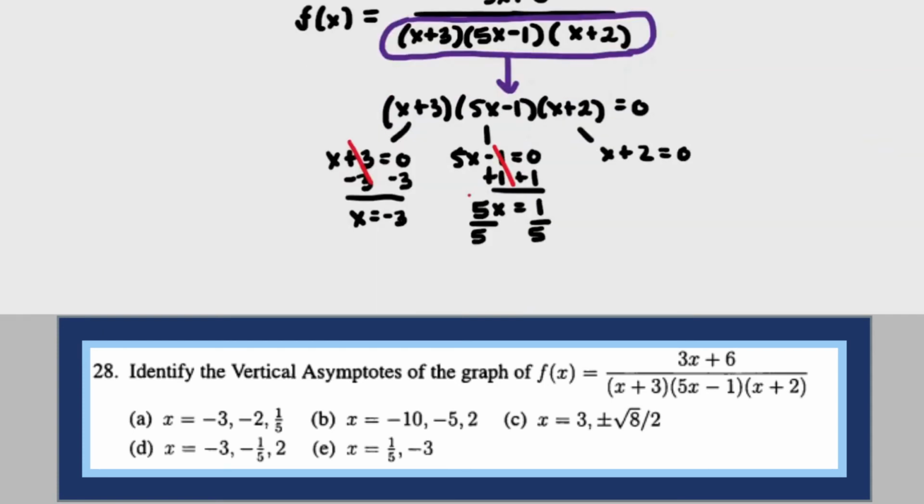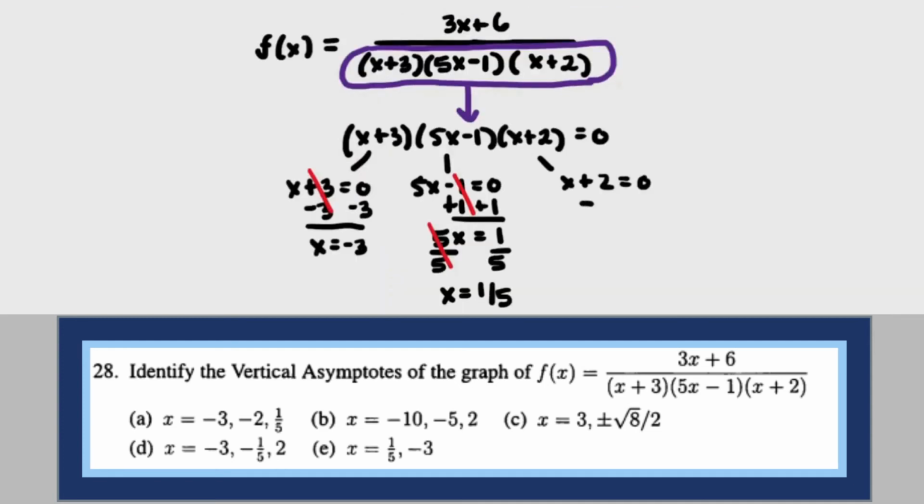When we divide by 5, the 5 will cancel out, and we'll get x equal to 1/5. And lastly, we have x plus 2 equals 0, so we're going to subtract 2 on both sides. When we do that, the 2's will cancel out, and it'll leave us with x equal to -2.